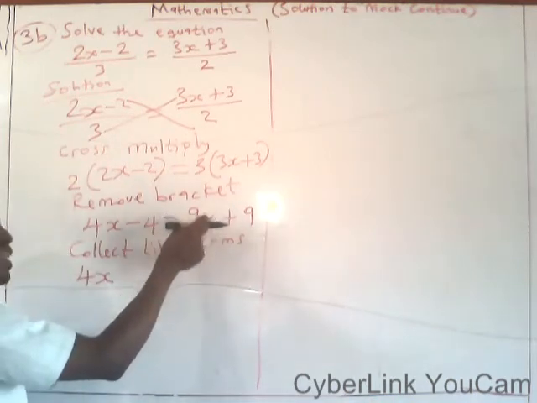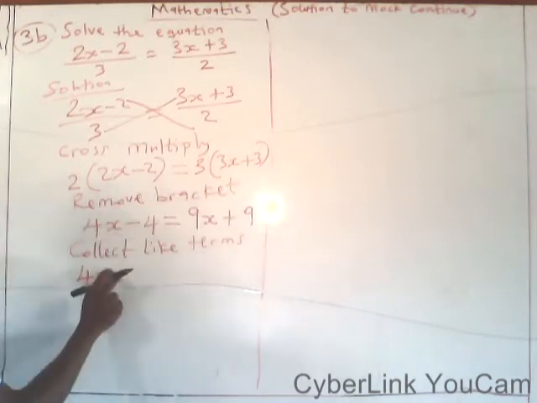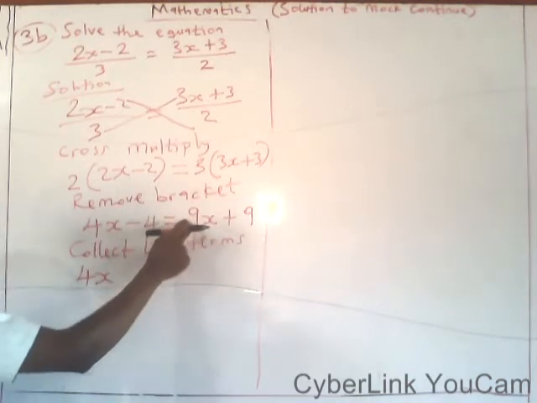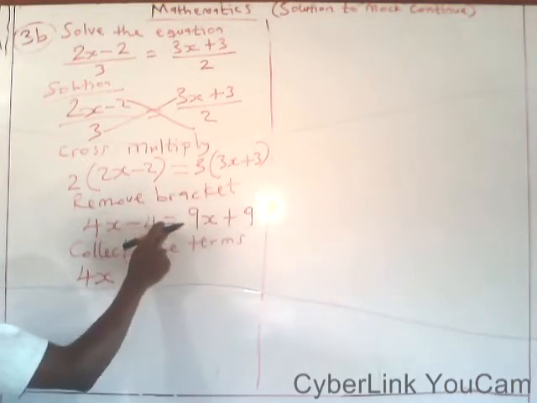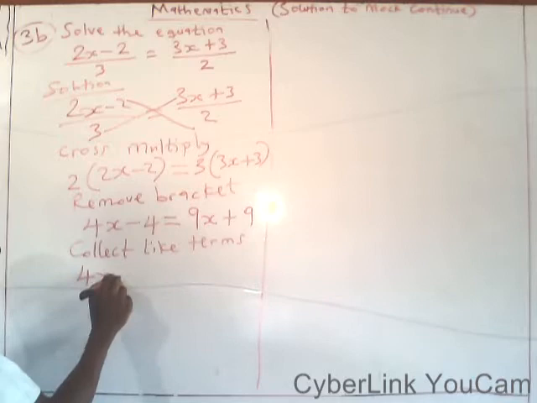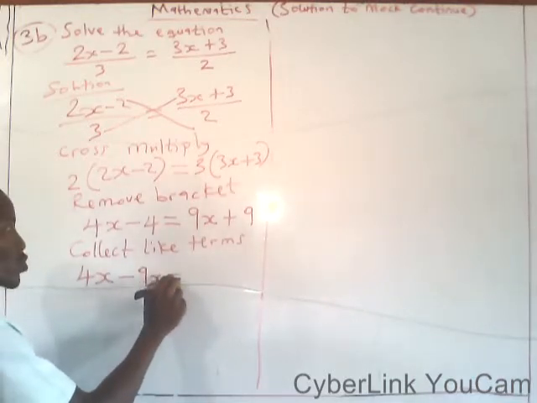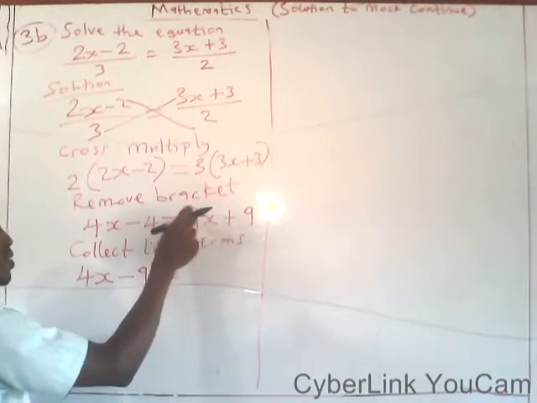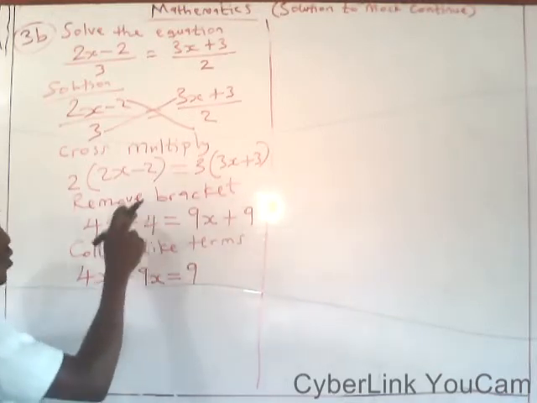This 9x, we are bringing it to this side. Here it is plus 9x. The moment this 9x crosses the equality sign to this side, it is going to change to minus 9x. Now it is equal to, when 9x left this place, it remains 9, plus 9, waiting for minus 4 to come.